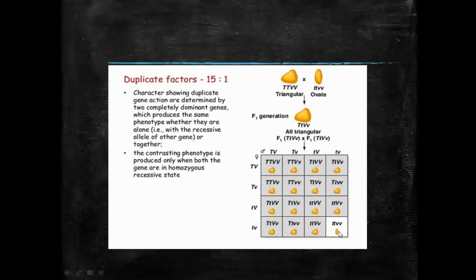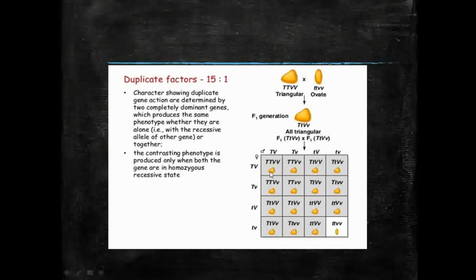Okay, so this is the exceptional case, because neither T is in dominant form, nor V is in the dominant form, so both of them are recessive forms, and so the fruit shape which is going to form is ovate shape. But in other cases all of them are showing the triangular shaped fruits.